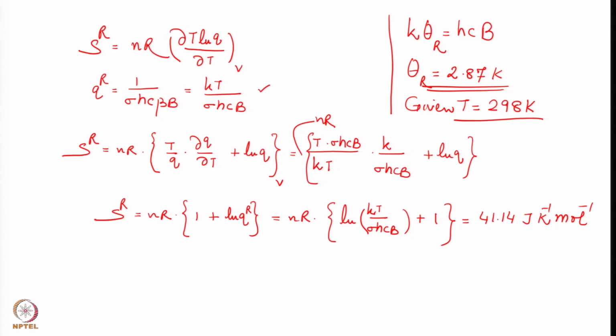We have done the rotational contribution also, and now let us talk about the vibrational contribution. So S_V is equal to NR del T log Q, where Q here is Q_V, over del T at constant volume. So let us do it.